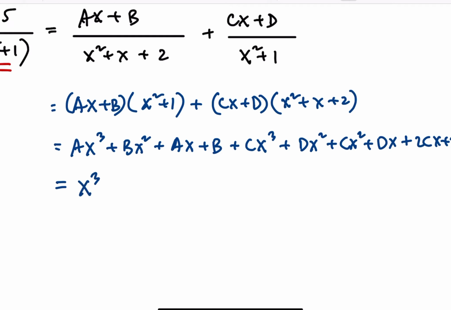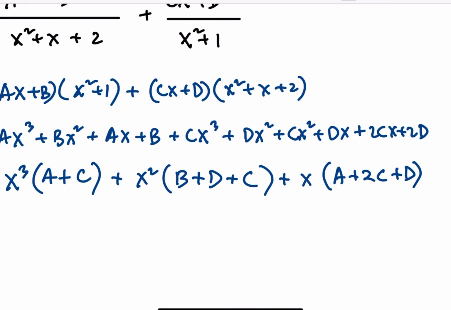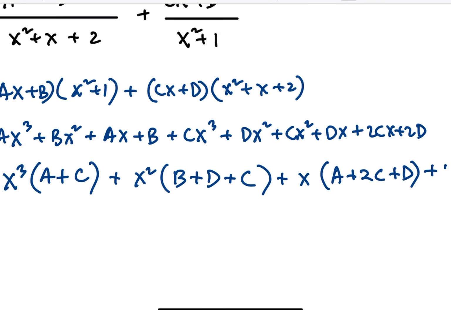Now the x cubed is a plus c, x squared is b plus d plus c. Okay, and plus x is a plus 2c plus d, and then the rest, the constant, will be b plus 2d.